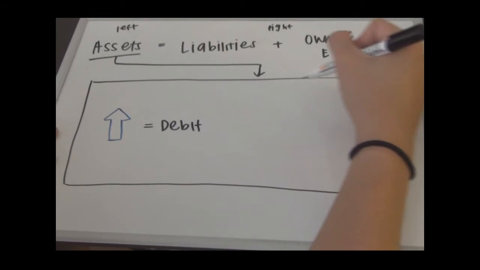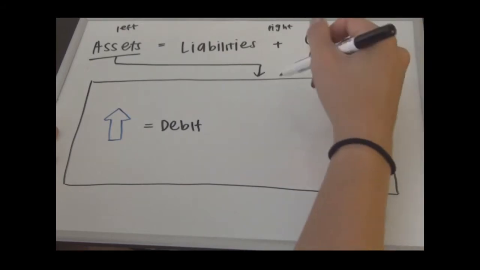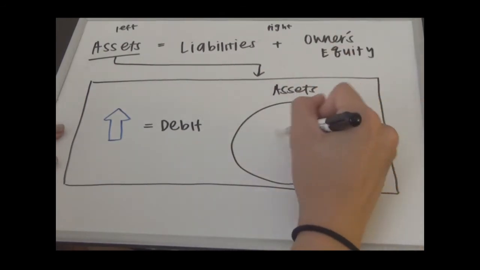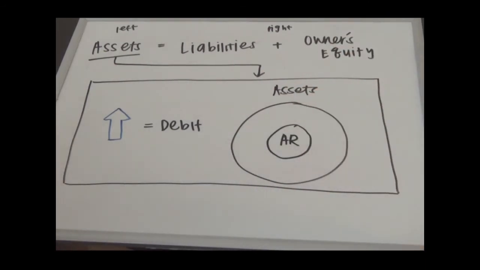Now going back to our waiter example, accounts receivable is part of the assets component. And because we wanted to increase accounts receivable, increase the money owed to the restaurant due to your $60 sushi, we would need to debit it.